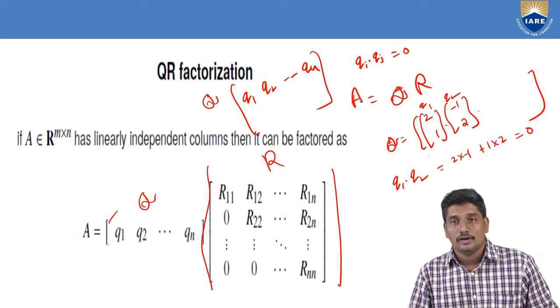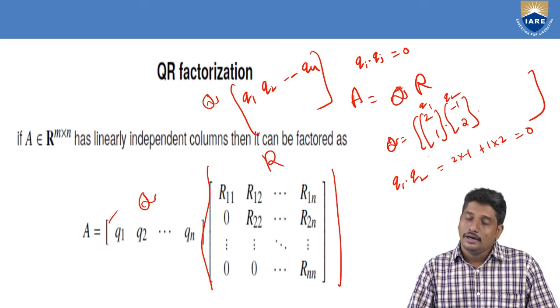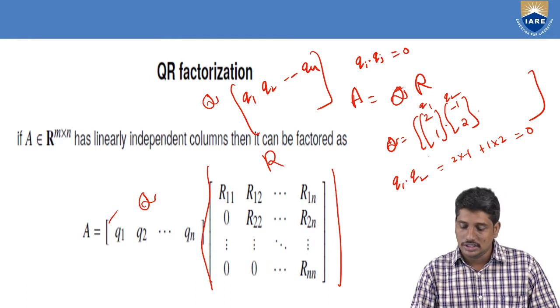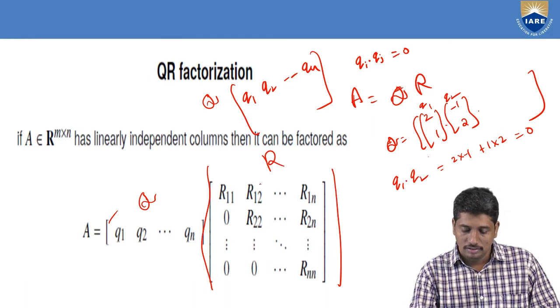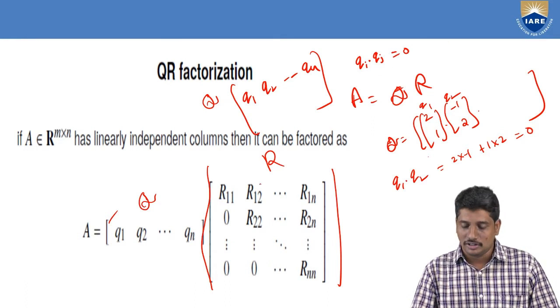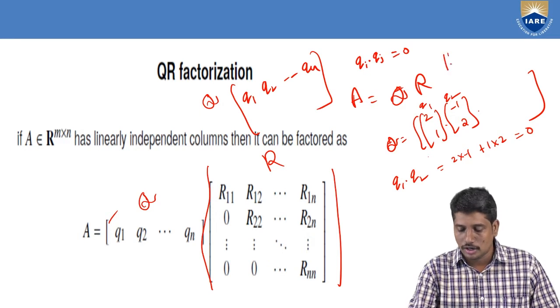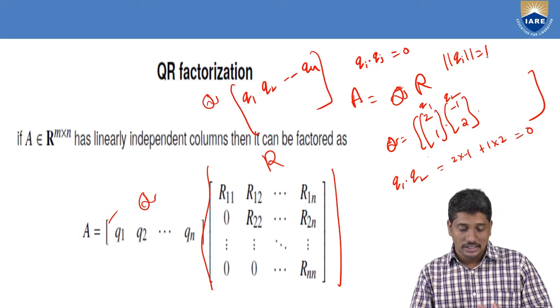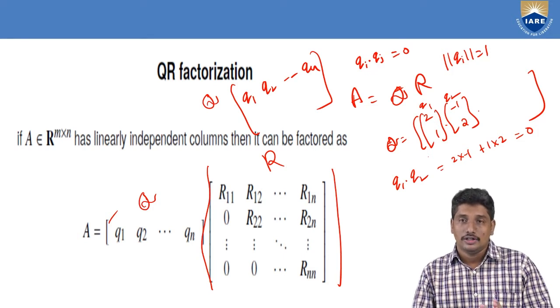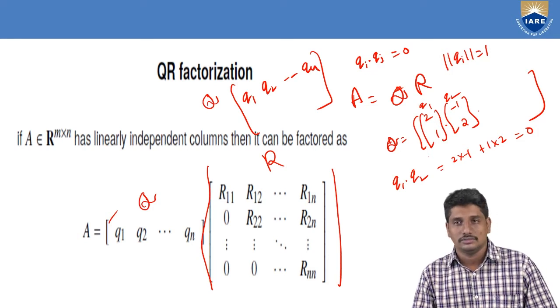That is called an orthogonal matrix. And of course, here we also see that every column vector is a unit vector. That means the norm of every Qi is equal to 1, and hence we can say that Q is an orthogonal and normalized orthogonal matrix.